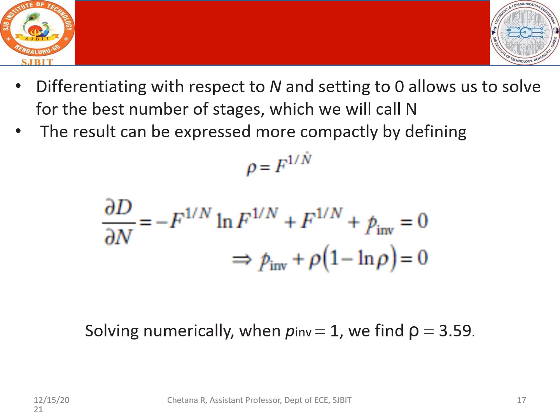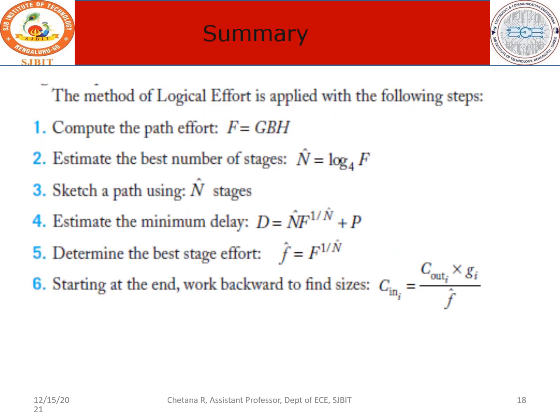Differentiating with respect to n and setting to 0, we find the final expression. The result can be expressed more compactly as p inverter plus rho into 1 minus ln of rho, where rho is 3.59. Substitutions like these tell us the n value.